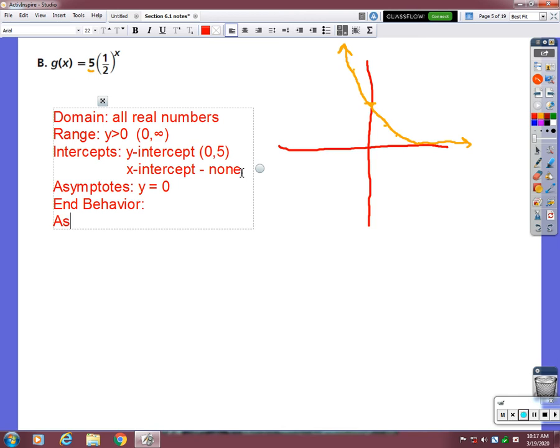So in this case, as x approaches negative infinity, you can see that the graph is now going up. So as we go to the left, as x approaches negative infinity, the y values are also approaching infinity.